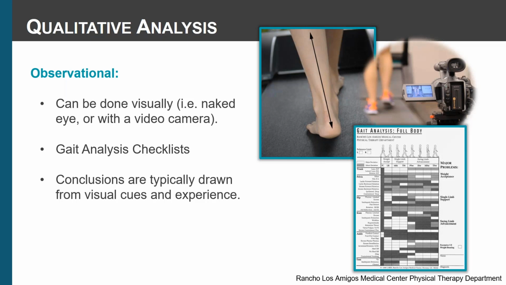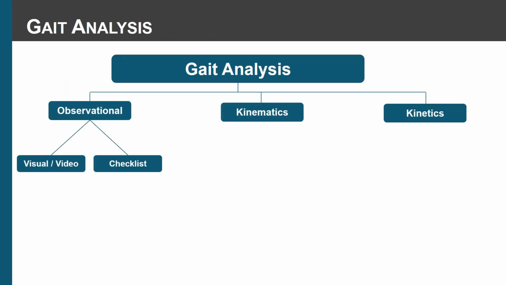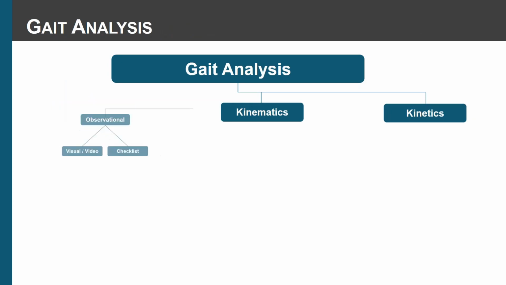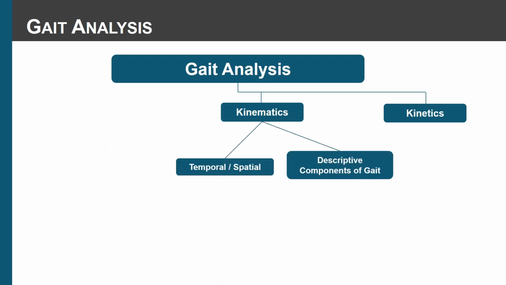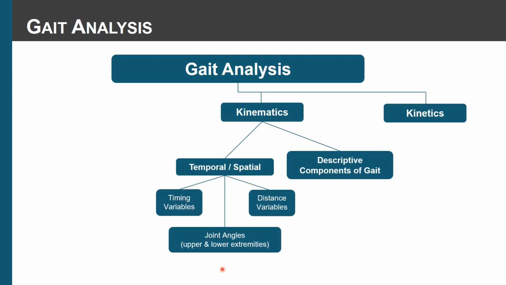Now let's focus a little bit more on the kinetics and the kinematics behind the gait analysis. So kinematics can be broken into two subphases, if you will: there's temporal spatial measurements and the descriptive components. Temporal and spatial parameters include things such as the timing variables, distance variables, and calculations of joint angles. The descriptive components surround more of the determinants of gait.